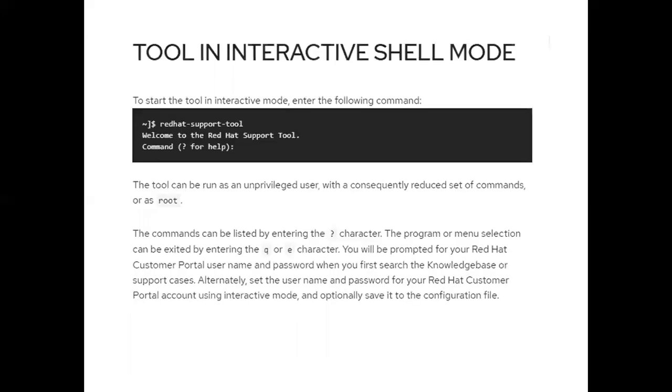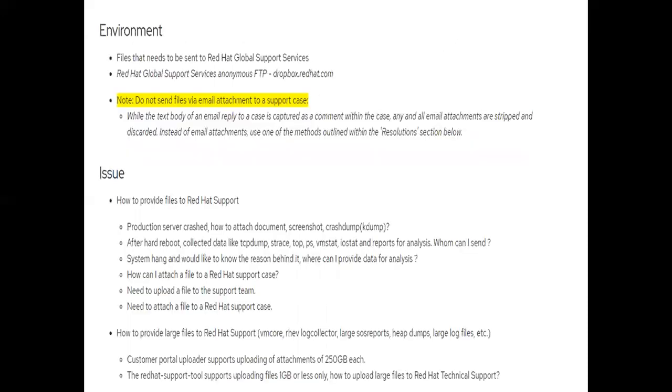So how we can do all this in the interactive shell mode, and how we can generate an SOS report, and what exactly is inside the SOS report, that we are going to see. So exactly, if you see how to provide files to Red Hat support when a production server crashed, how to attach a document, screenshot, crash dump, how we can provide.